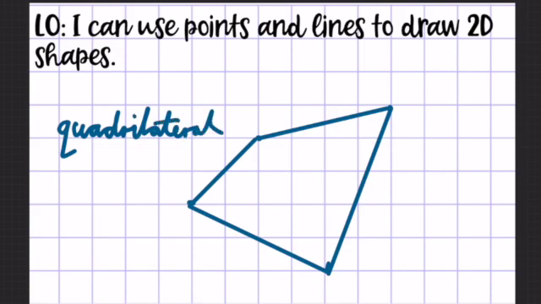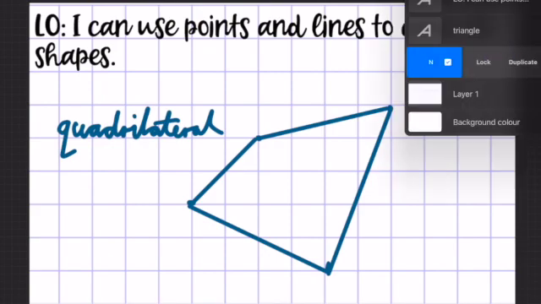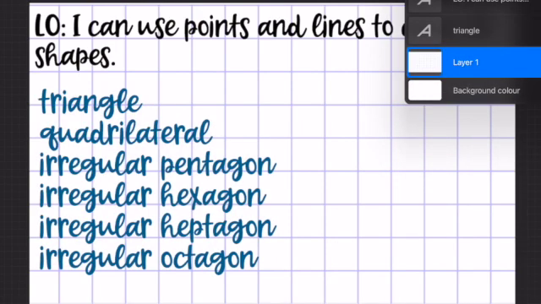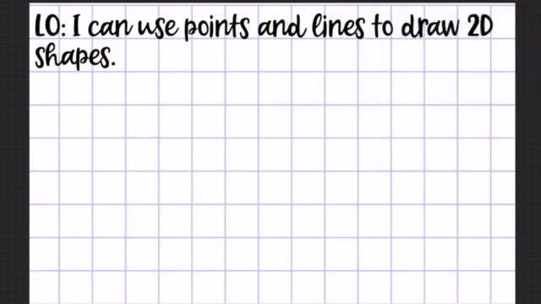Okay, so the next thing is an irregular pentagon. So a pentagon has 5 sides. So if we do 5 points for each vertex, 1, 2, 3, 4, 5, and we now join them up. 1, 2, 3.